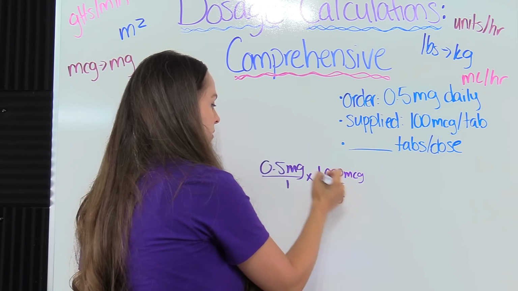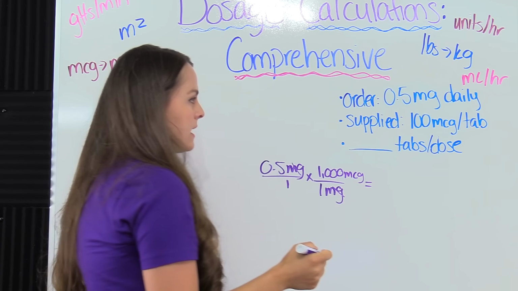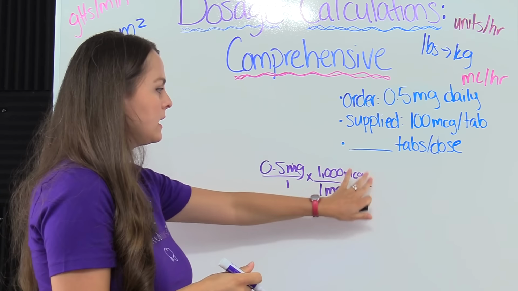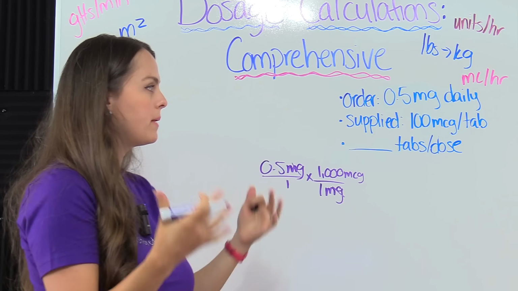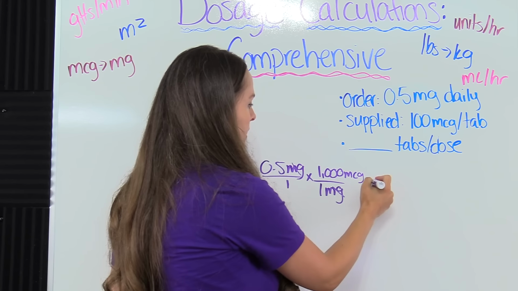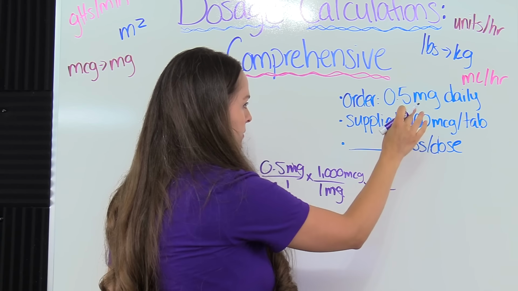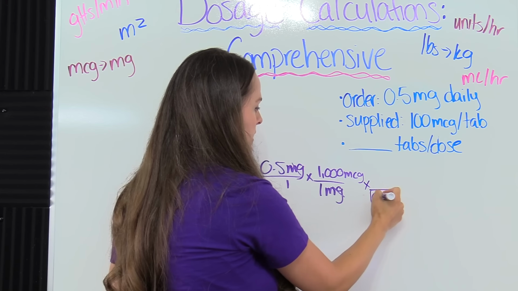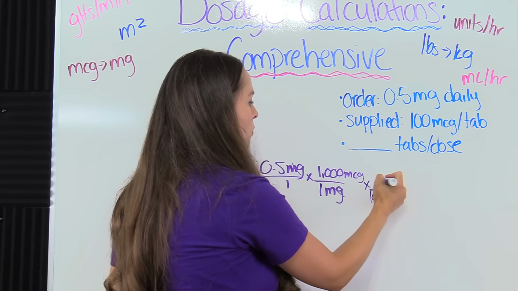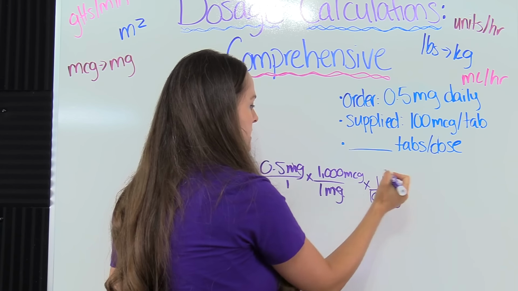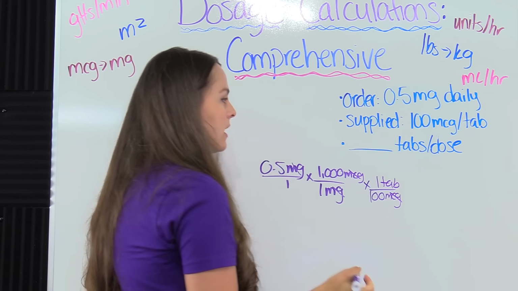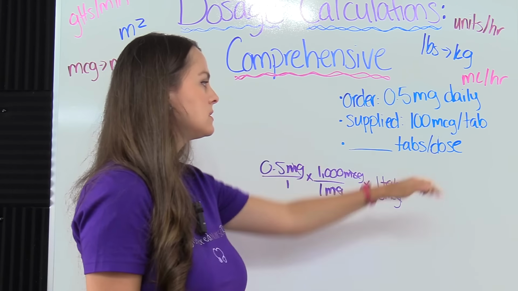That cancels out the milligrams. And now we can plug in our amount that we're supplied with. So we know that there are 100 micrograms in 1 tablet. Micrograms cancels out, and that's where we need to get, tablets.